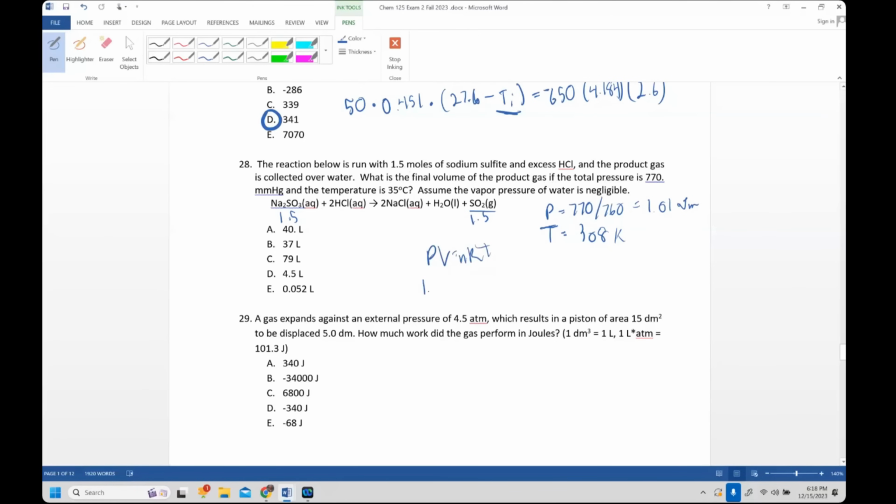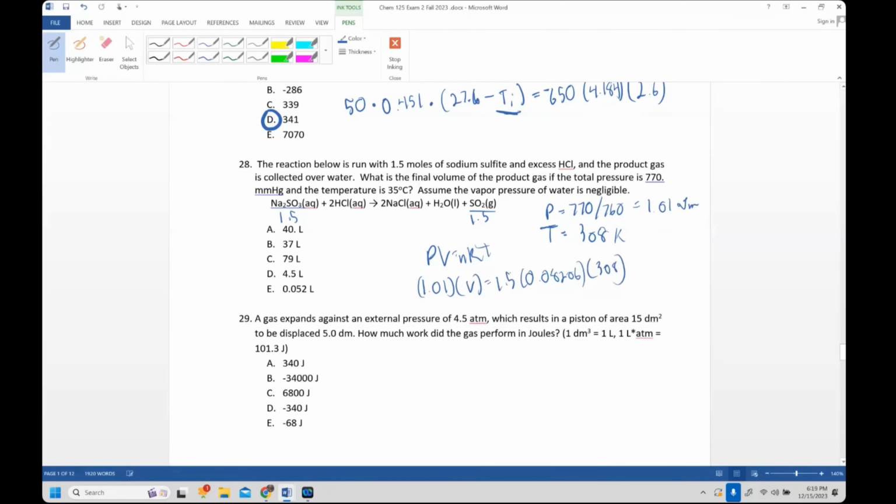So our pressure is 1.01 times our volume, which we're trying to figure out. So volume equals 1.5 moles times 0.08206 times the temperature, which is 308.